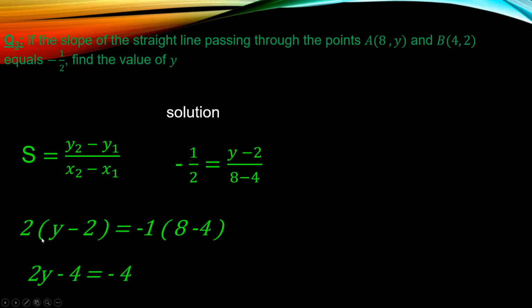Let's see, 2y minus 4 equals -4. Let's move -4 to the other side with a different sign. It will be 2y equals -4 plus 4, which equals 0. So 2y equals 0. To get the value of y, it will be 0 divided by 2 equals 0. So here's the value: y equals 0.